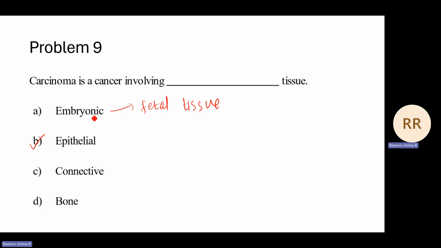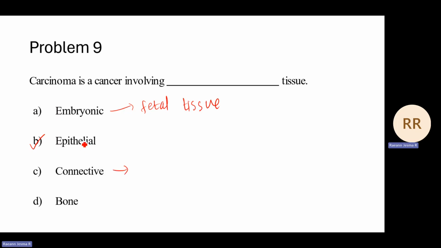And if we are having bone cancer, then what do we call it? There are many different types of bone cancers. One of them is osteosarcoma. If there is any cancer in the connective tissue, then it is called sarcoma.